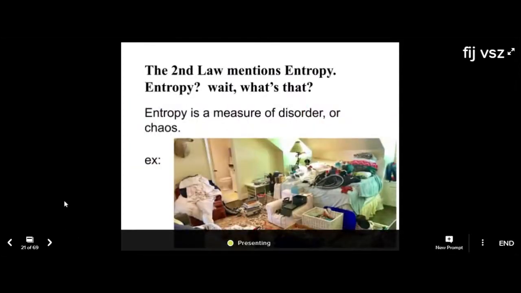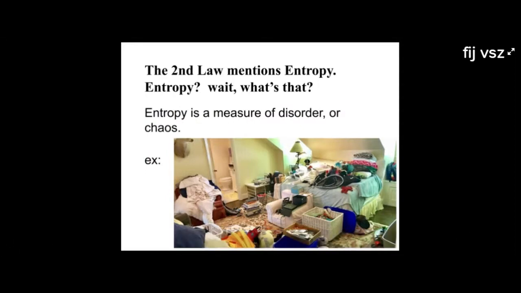Okay. The second law mentions entropy. New word, right? What is entropy? Entropy is a measure of disorder or chaos. So I'm sure some of you at home have a room like this. This is entropy. This is chaos. It takes no energy to get your room to look like this, does it? It's a downhill situation.